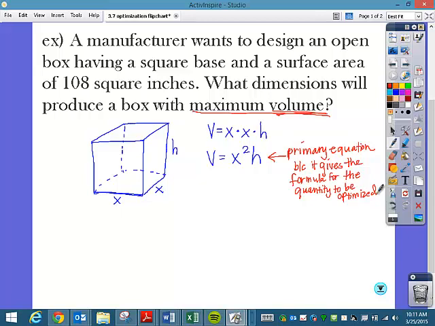Okay, our word problem also talks about surface area. So we're going to set up another equation for surface area. And surface area in this open-faced box is going to be the area of the base, and then what we call the lateral surface area, which is the area of the four sides that are sticking up.